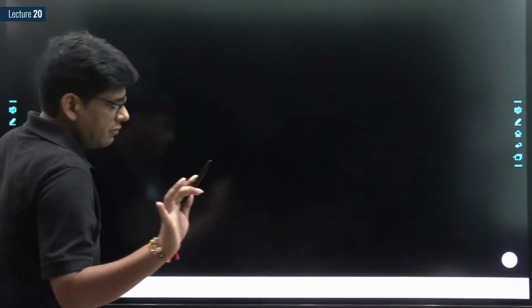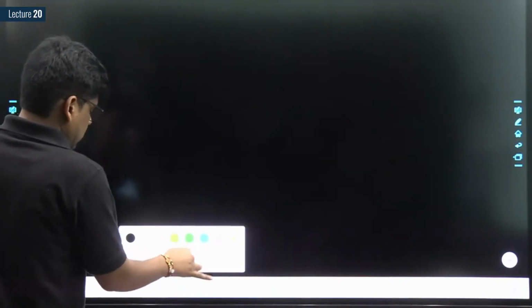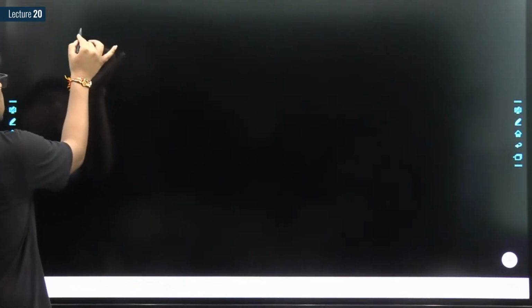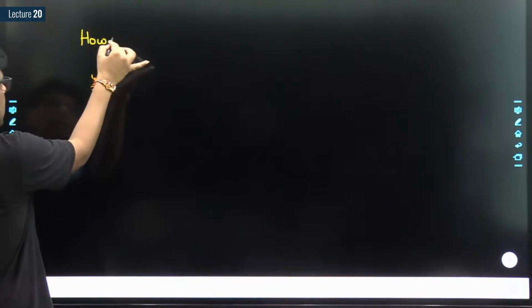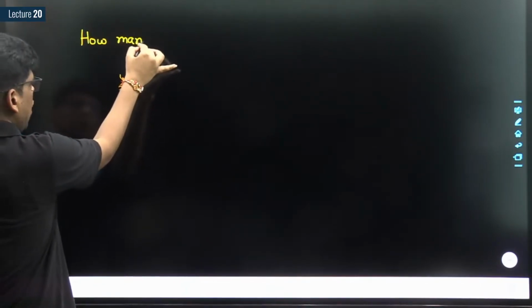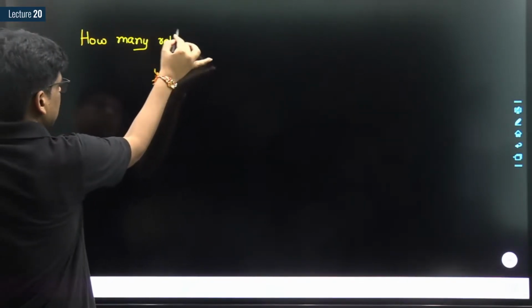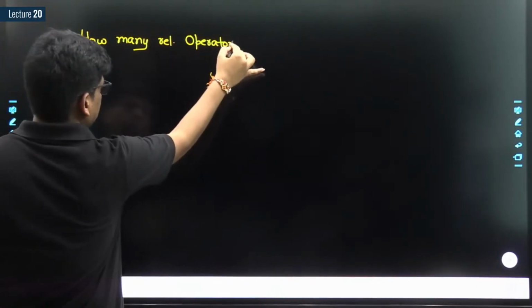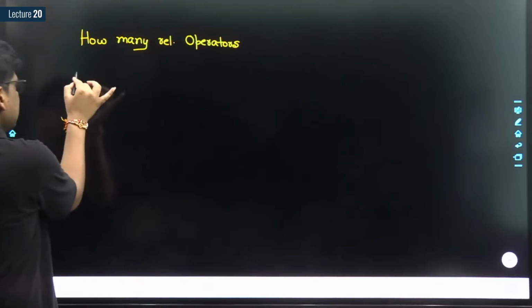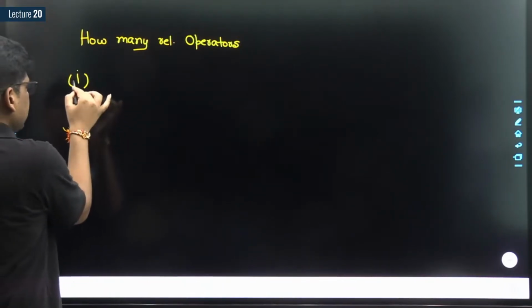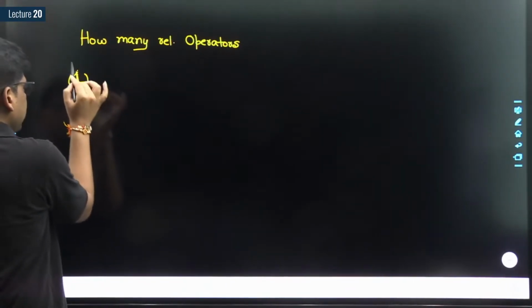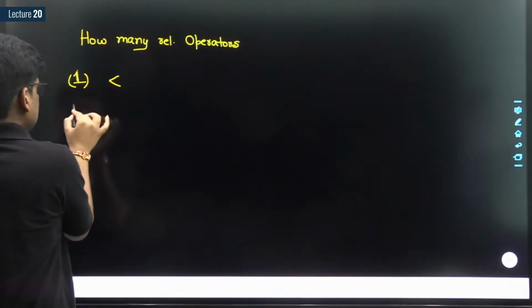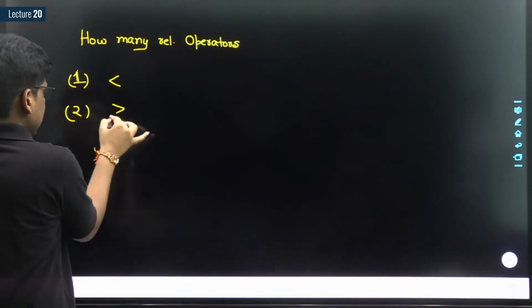Please focus. How many relational operators are there? Okay, there are 6 relational operators. First one is less than. Second one is greater than.